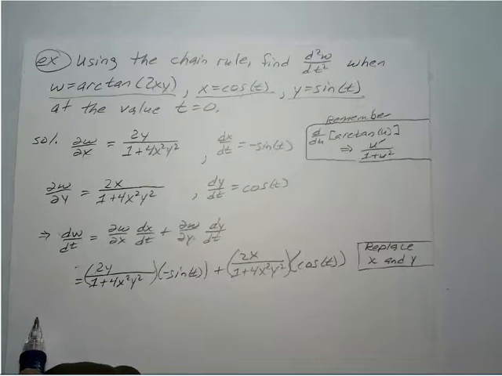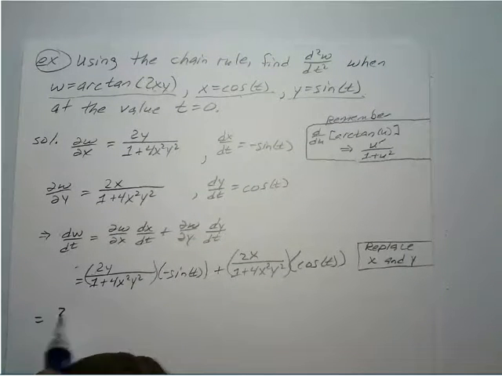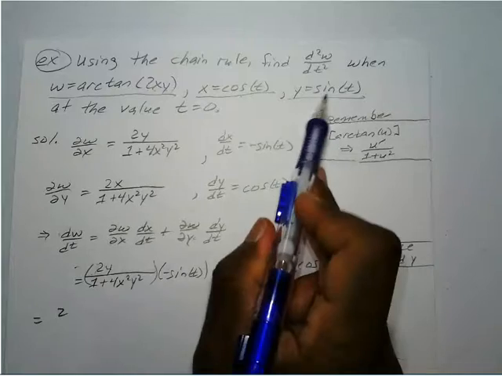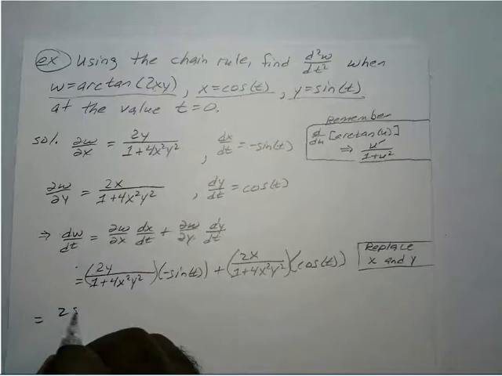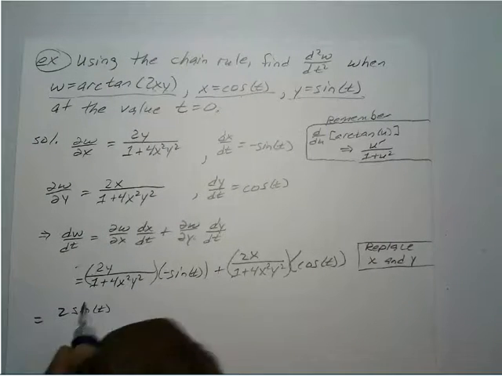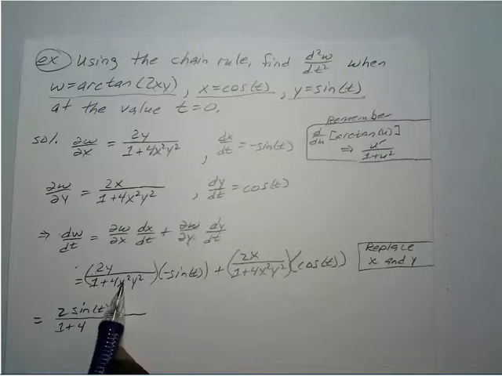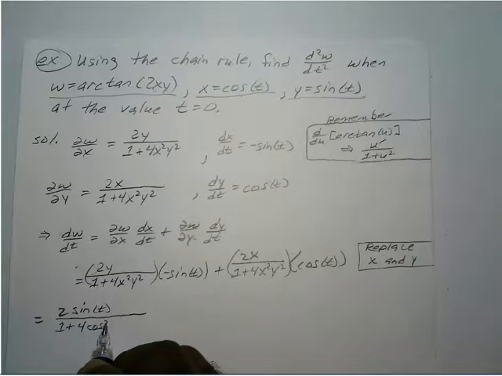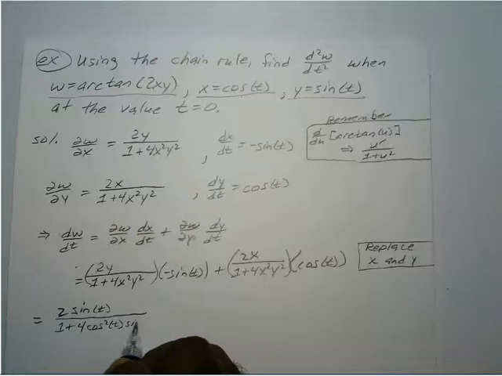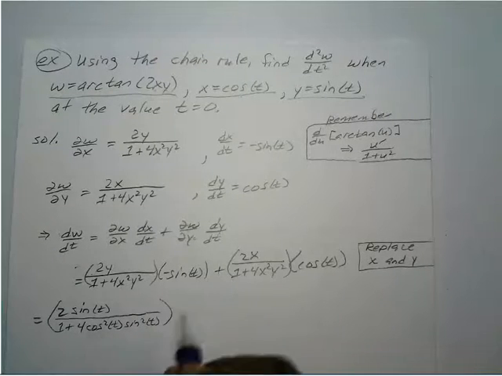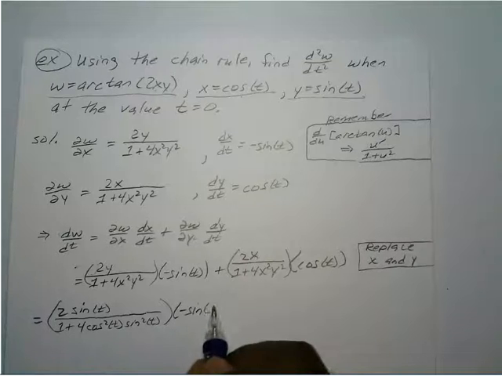So that's going to equal, instead of 2y, 2 sine of t over 1 plus 4 times cosine squared, sine squared, times negative sine of t.